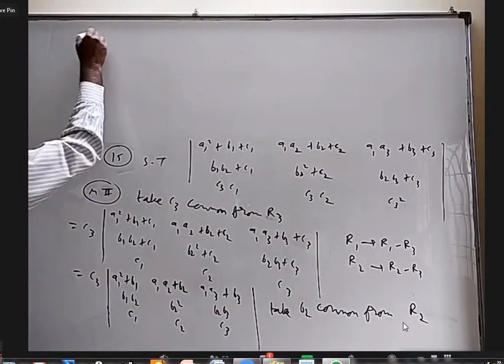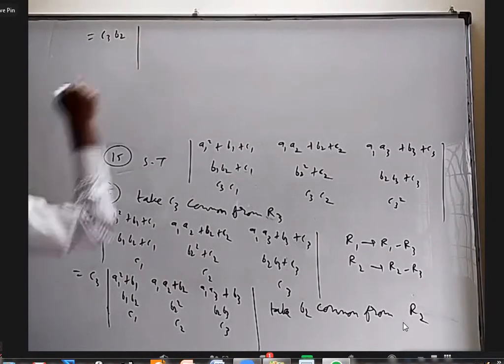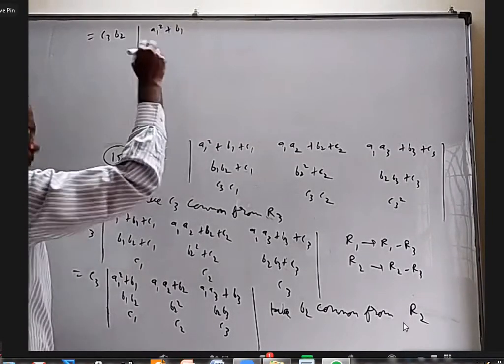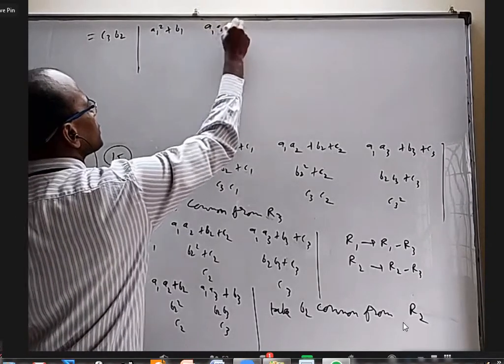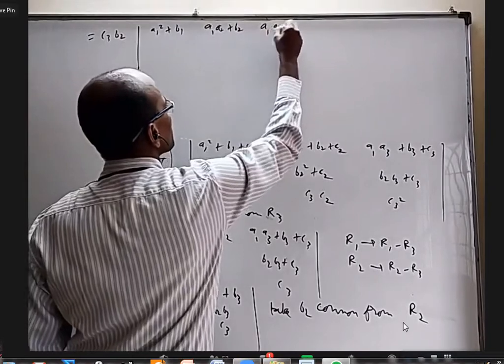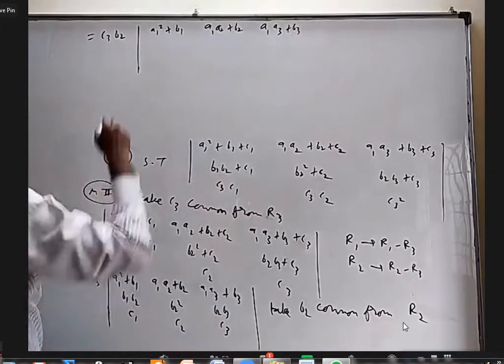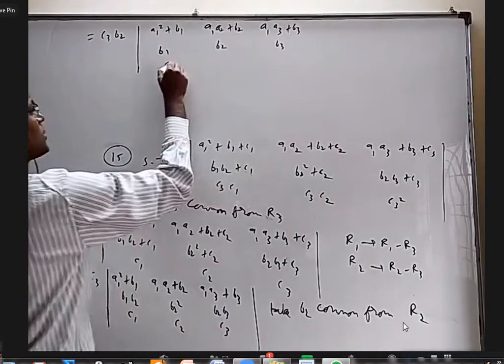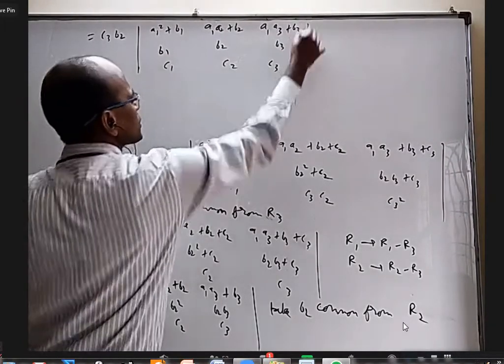When I take it, it will be C3 B2, then A1 square plus B1, A1 A2 plus B2, and A1 A3 plus B3. This is B1, this is B2, this is B3, this is C1, this is C2, this is C3.